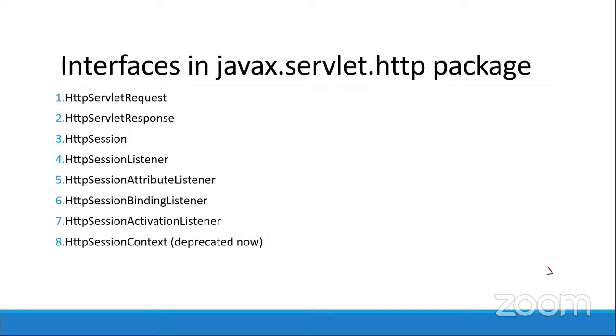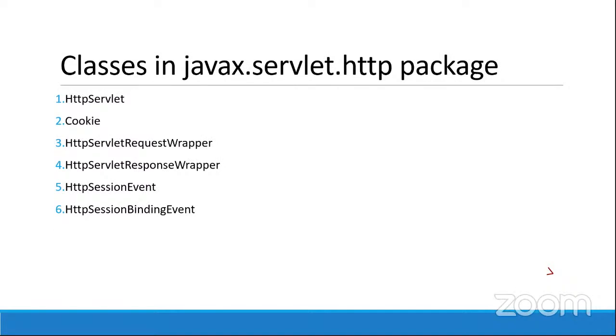And please observe the classes which are there in this servlet HTTP API. So we have the HttpServlet class, and Cookie, it's a class, and HttpServletRequestWrapper, response wrapper, and HttpSessionEvent, and HttpSessionBindingEvent. So these are the different classes which are present in the Servlet API, Servlet HTTP package.